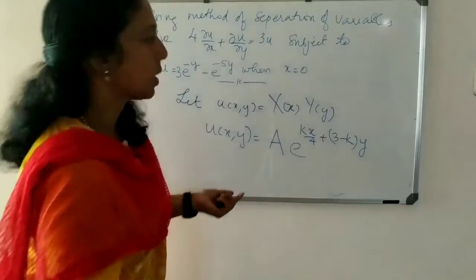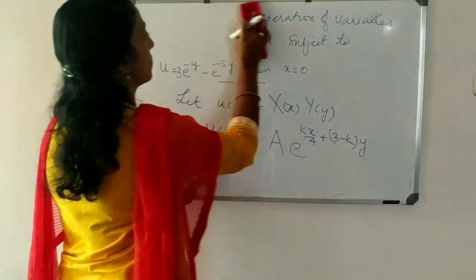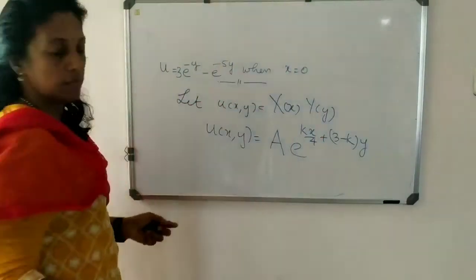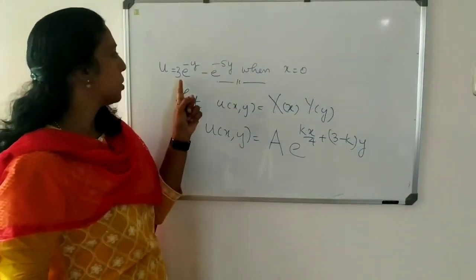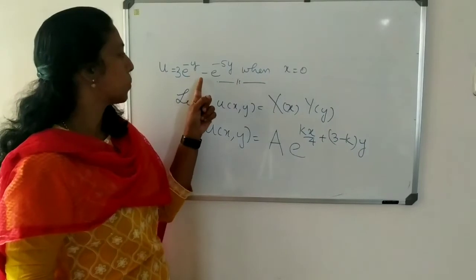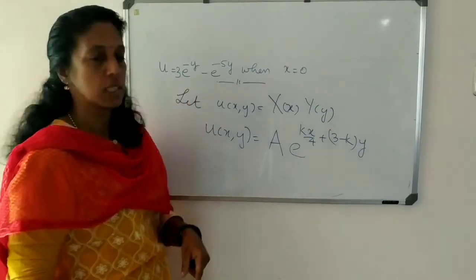Now we have to apply the initial condition, that is when x equal to 0, u equal to 3 e raised to minus y minus e raised to minus 5y.